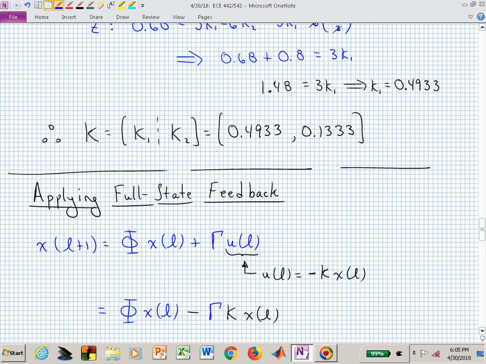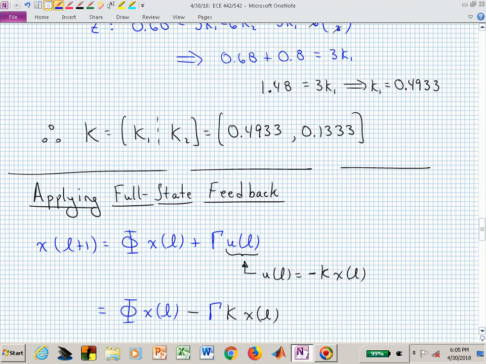And this now should convince us of the dimensions of K. K has to be compatible with gamma and phi, meaning the product of gamma and K needs to be the same dimension as phi.